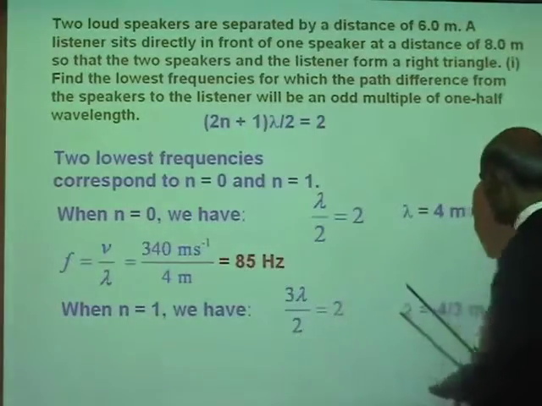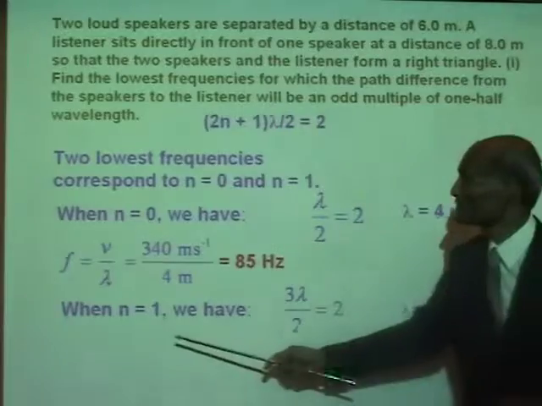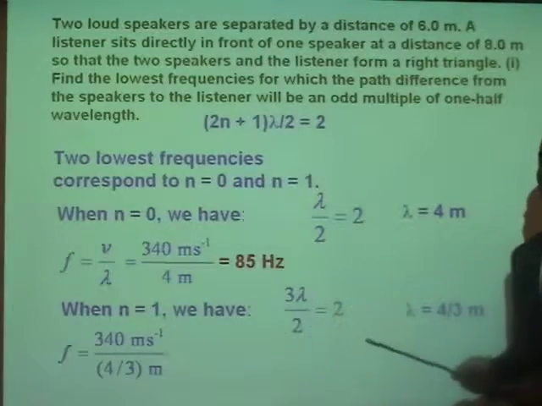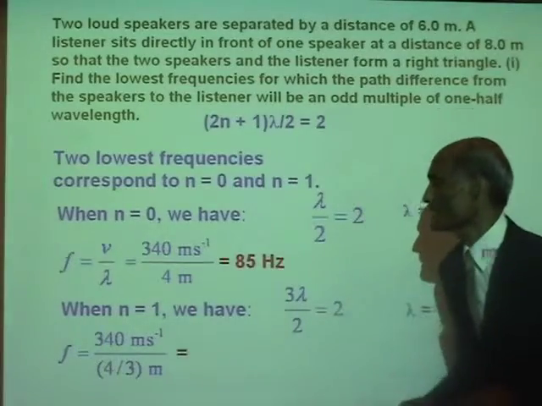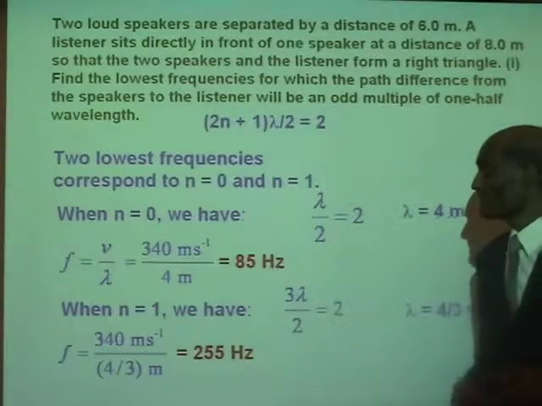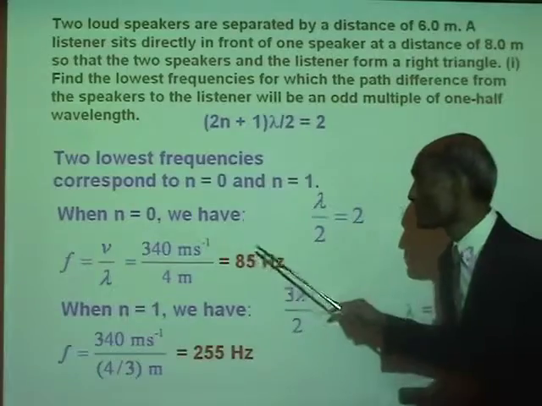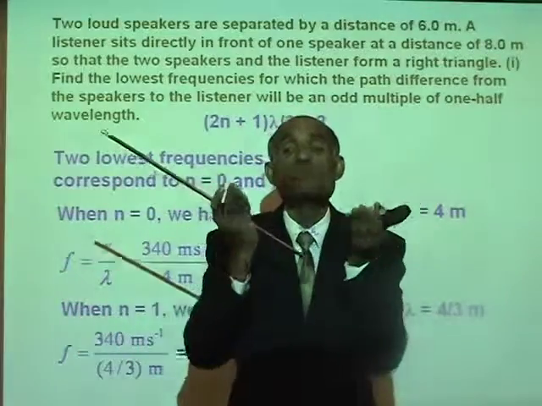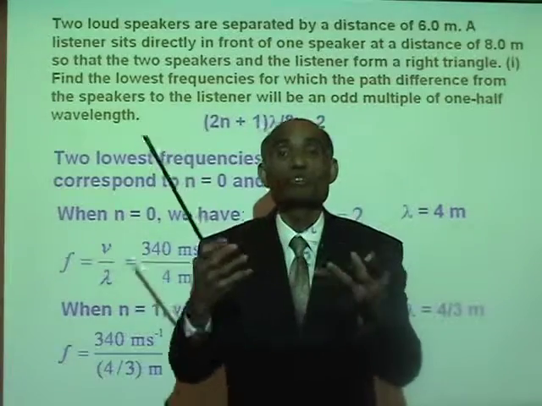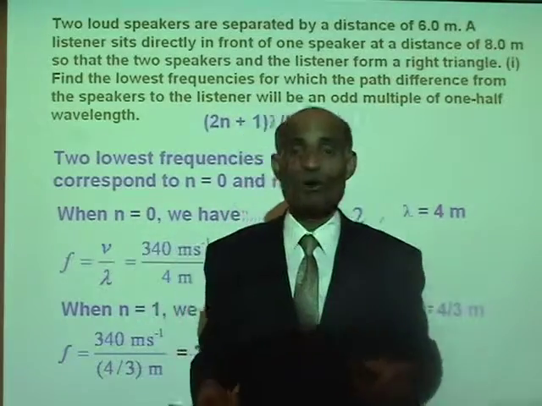So lambda equal to 4 over 3 meter. What is the corresponding frequency? The corresponding frequency is v over lambda, and that will be 255 Hertz. These are the two lowest frequencies for which the waves will arrive completely out of phase, producing no sound. Alright.